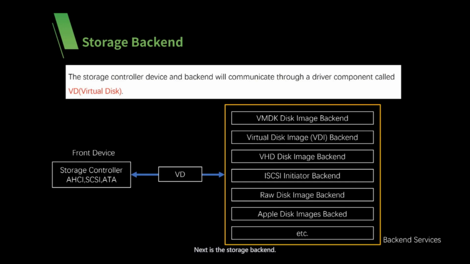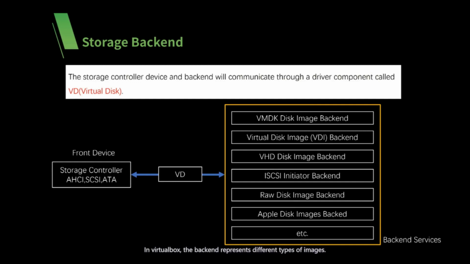Next is the storage backend, and the picture shows the front device of storage is storage controller, such as AHCI, LSI, and ATA. These are standard storage hardware protocols. When the controller receives the disk data packet, it needs to be forwarded to the corresponding storage backend.